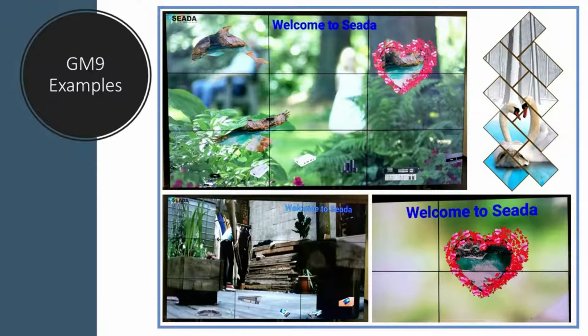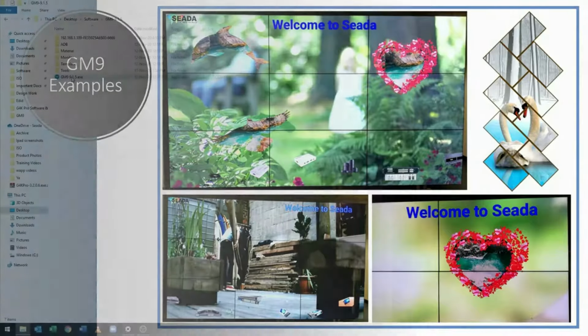You will see some OSD being outputted across the top of the video wall, and also source content shown in uniquely shaped windows. The large image here shows off most of the features previously mentioned, and also gives a sample of the picture manager, where you can load a variety of images onto the GM9 unit, and output them onto the display in a similar way you can do with the video source.